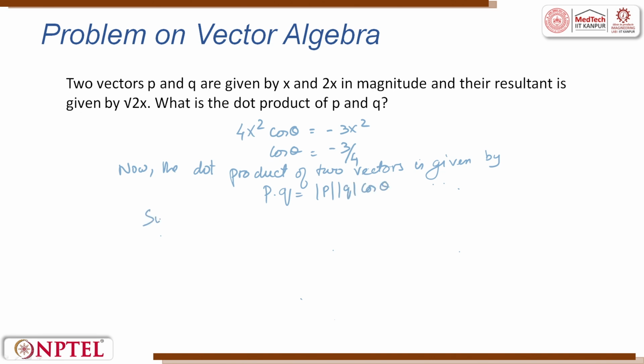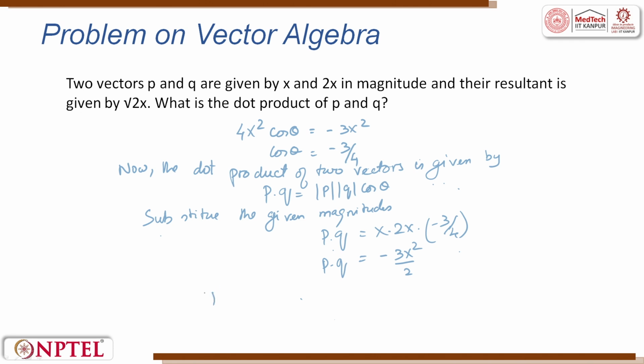Now, substituting the given magnitudes, what we get is p dot q equal to x times 2x times minus 3 by 4. So, p dot q will be minus 3x square by 2.